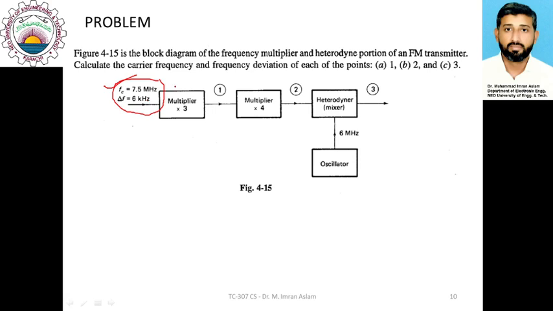This is passed through a multiplier having a multiplication factor of 3, and then through another multiplier having a multiplication factor of 4, and then through a heterodyner or frequency mixer which is mixing a frequency coming from an oscillator of 6 megahertz. So the local oscillator has a frequency of 6 megahertz.